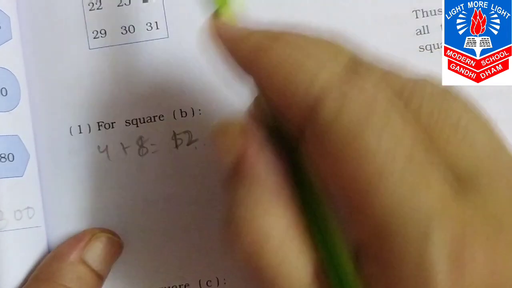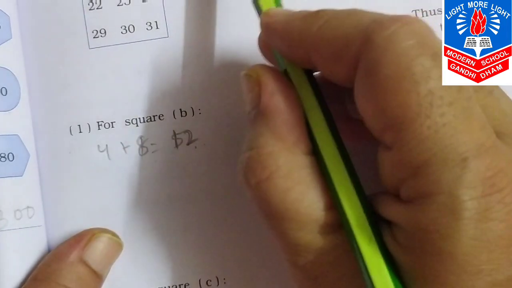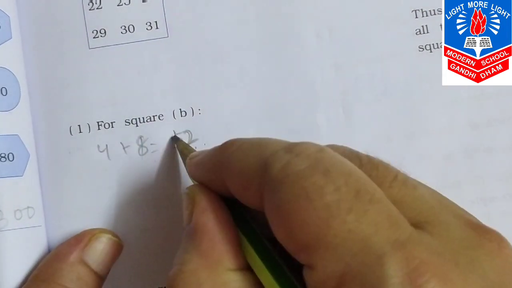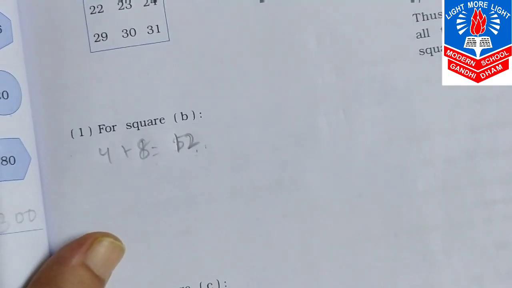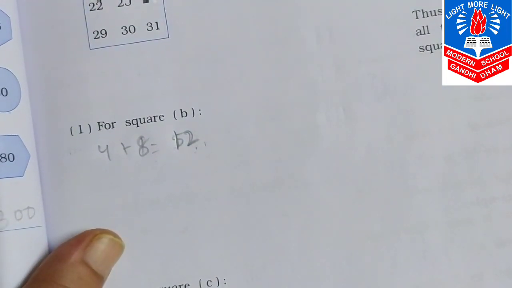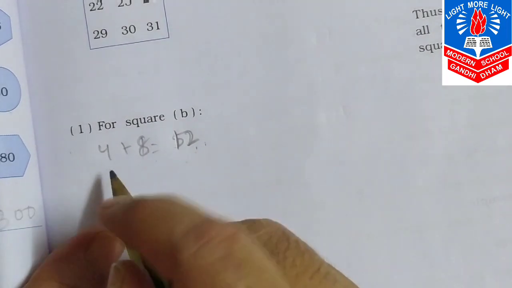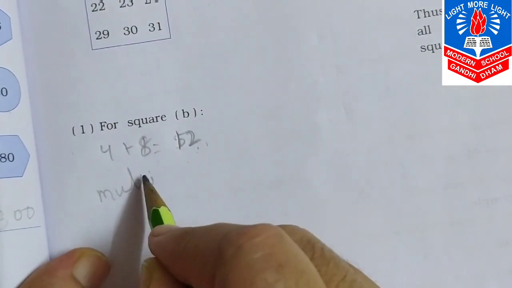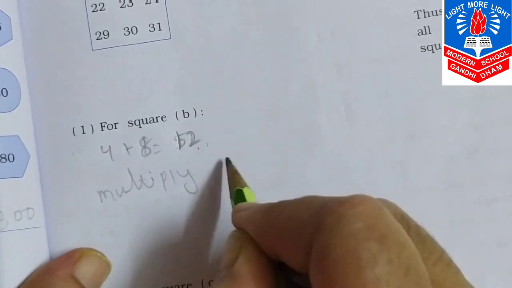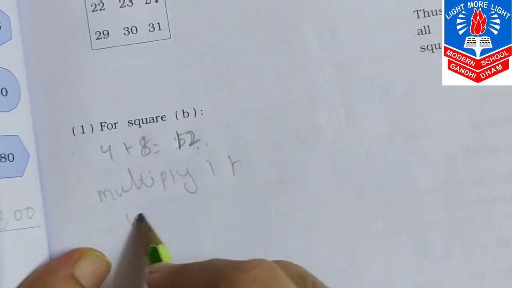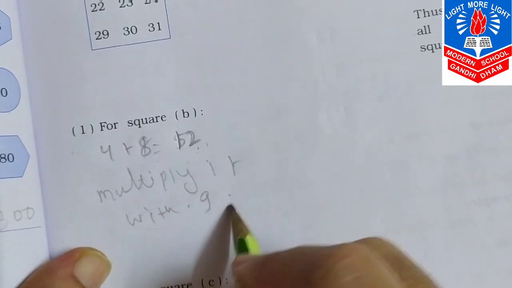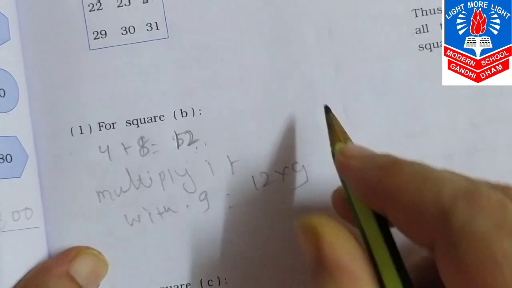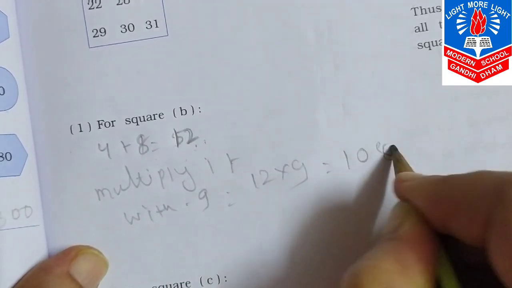So हमको smallest number पे 8 ऐड करना है. तो 4 plus 8 is equal to 12. Okay. Then multiply it with 9. इसको हम 9 से multiply करेंगे. So 12 into 9 is equal to 108.